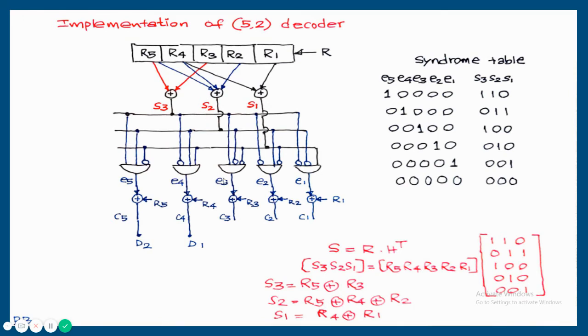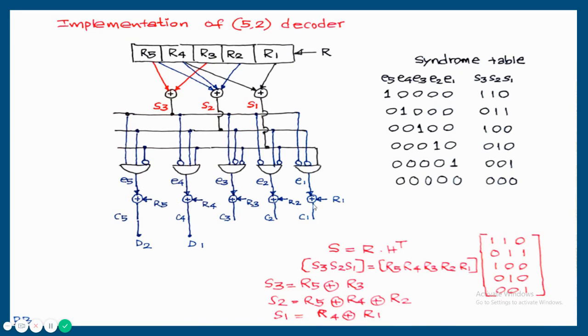Once the error pattern is generated, the next step is the error pattern is going to XOR with the received bits. So the 5 bit error pattern is XORing with the 5 received bits, and the output will be the corrected code, because our formula shows corrected code C is equal to received code R plus E. So the same thing we have implemented here.